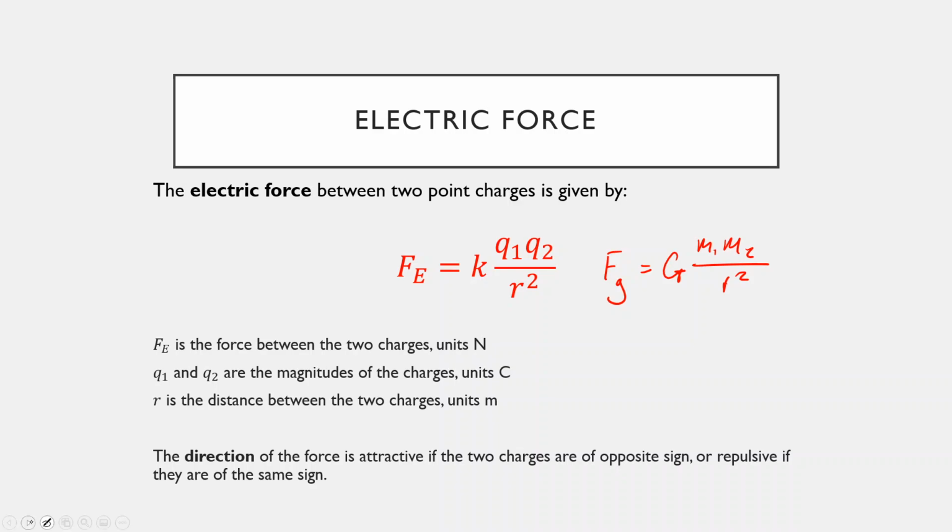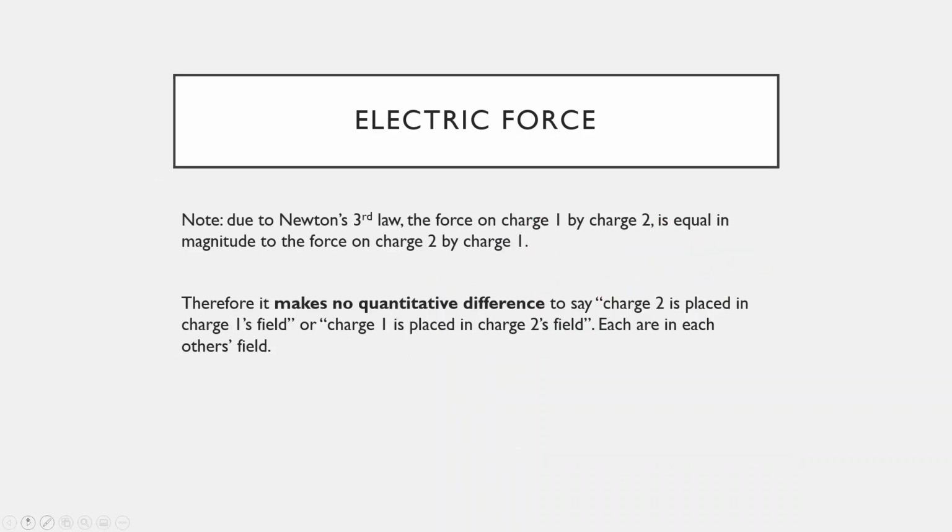Nothing to it. Now, I know it doesn't really need to be said, but we'll say it anyway: Newton's third law. For every force, there is an equal and opposite force in the other direction. So that means if charge 1 exerts a force on charge 2 via the electric field, then charge 2 is also exerting the same magnitude force on charge 1, just in the opposite direction.